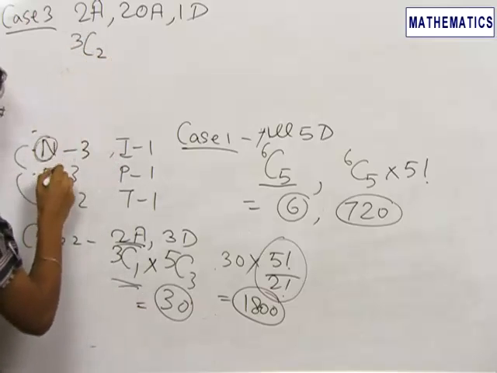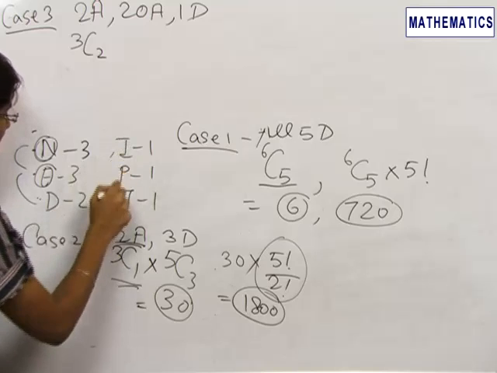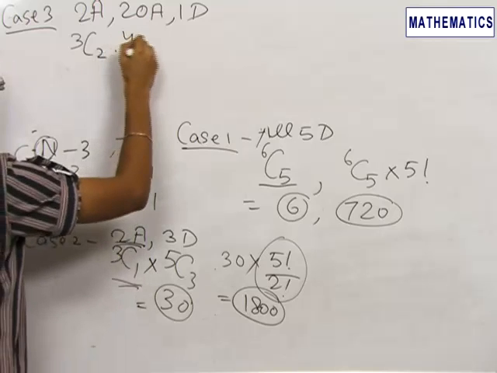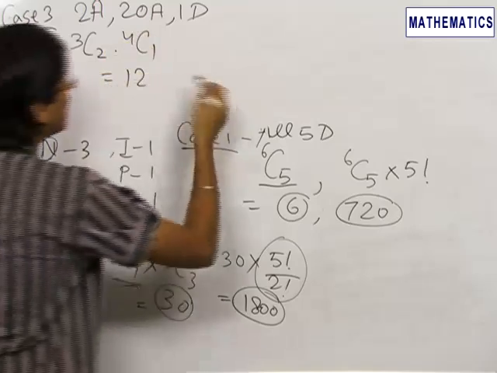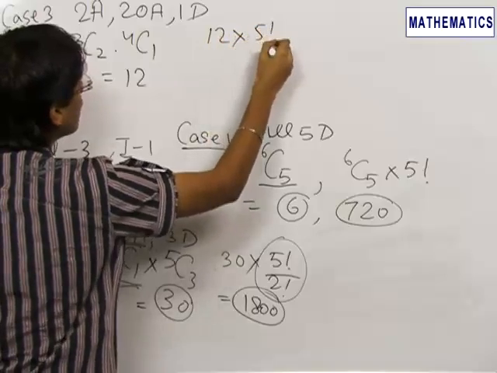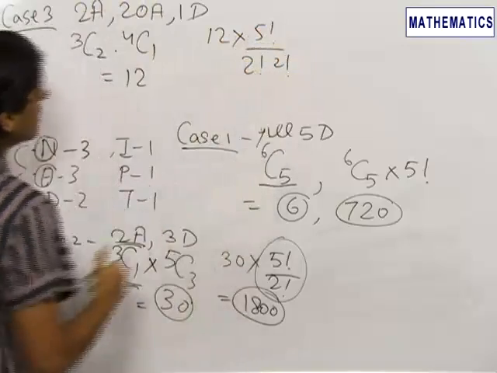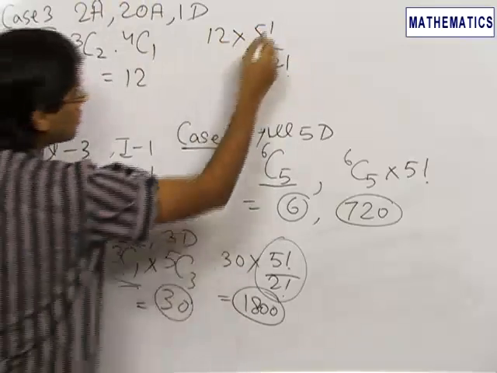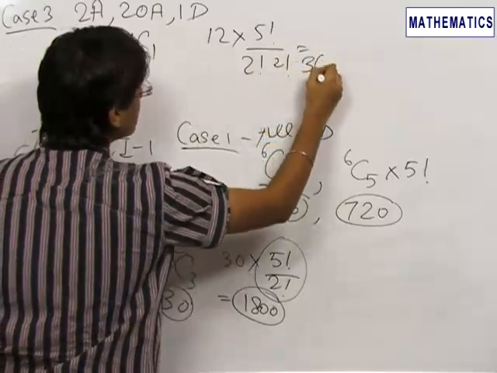Let's say we select N and E. Now we want 1 different alphabet out of D, I, P and T. So 4C1. So this becomes 12, and the total number of ways of forming words is 12 into 5 factorial divided by 2 factorial, 2 factorial, because there are 2 sets of alike alphabets. This is 120 divided by 4, that is 30, into 12 is 360.